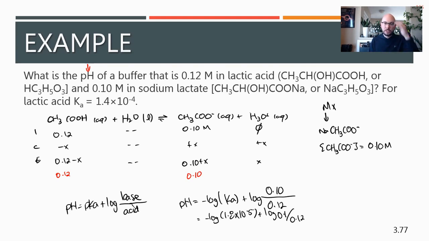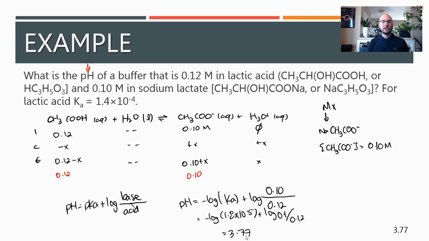And you can just punch this into your calculator, and it actually works out to being 3.77. Okay, there shouldn't be any surprises there. It's a pretty straightforward calculation. So we just need to be able to pull that information, write ourselves an equation, and put it into the Henderson-Hasselbalch equation. You'll see that written as HH equation sometimes, and we get our answer.